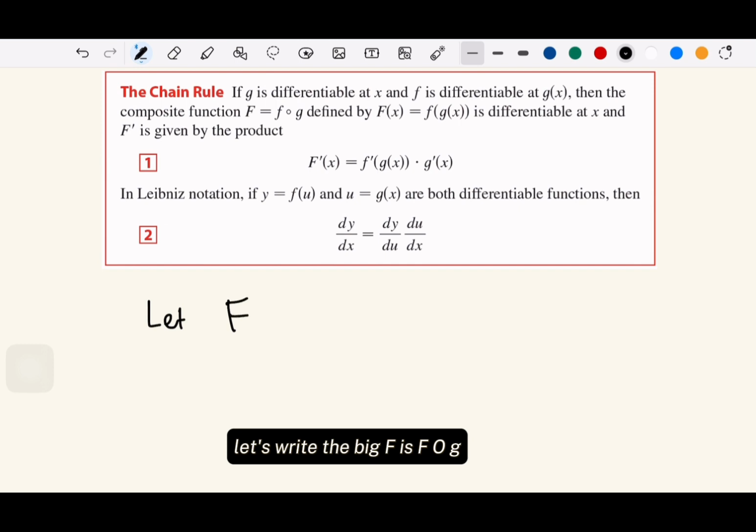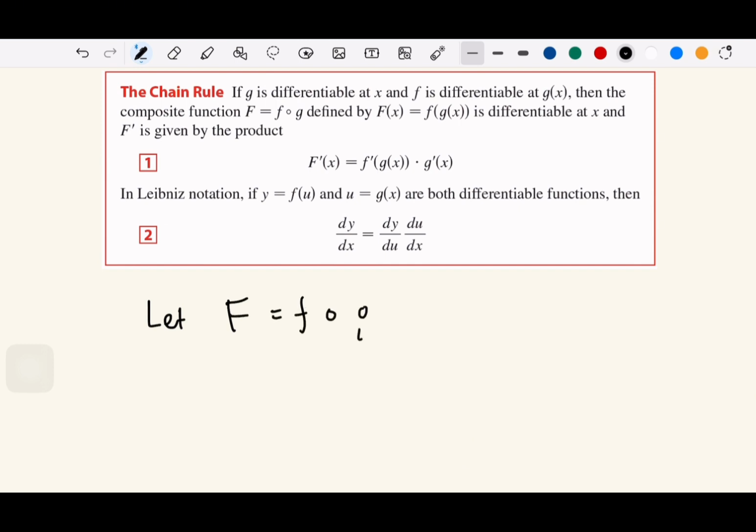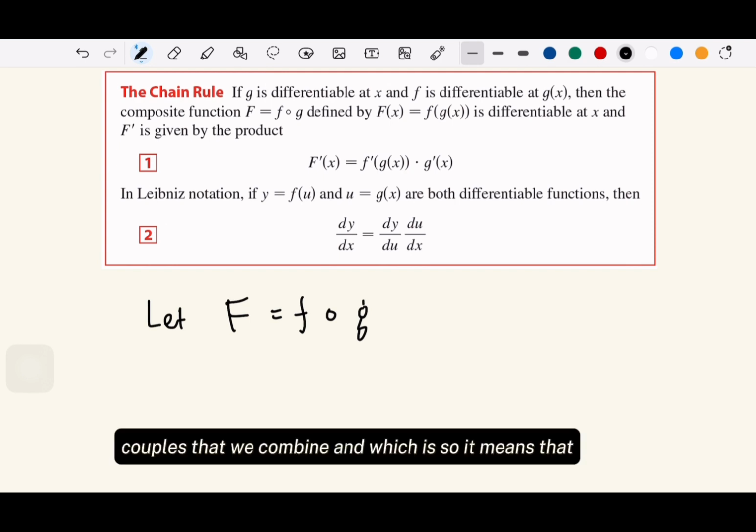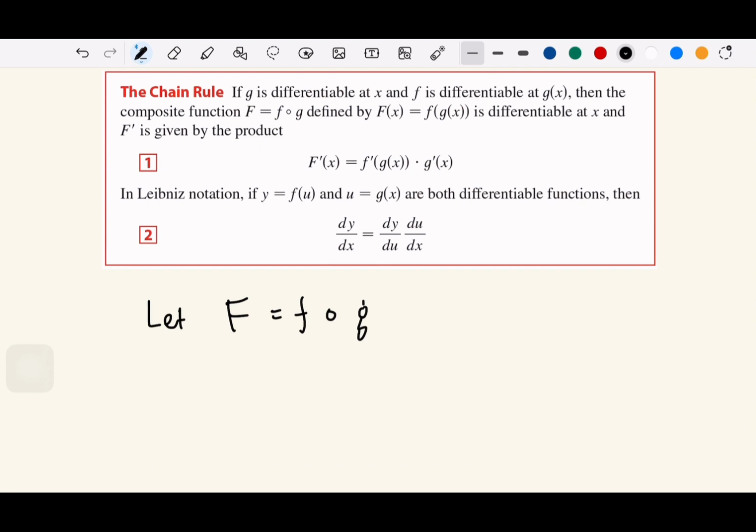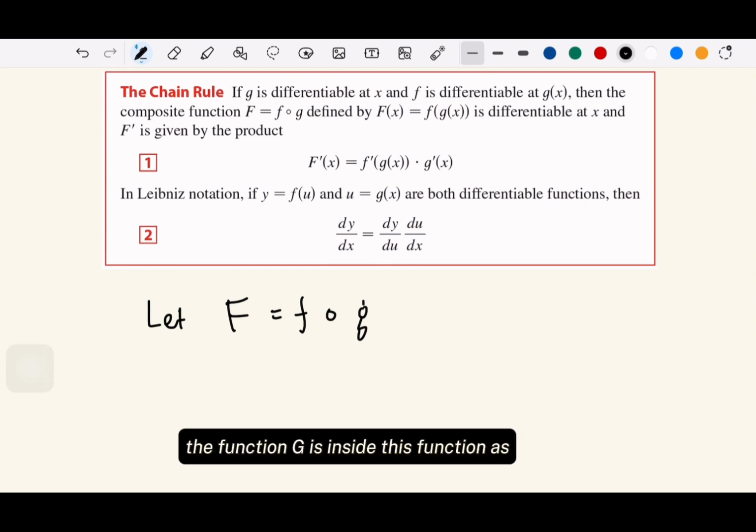let's write the big F is f composed with g. It's the composite. We combine f with g, so it means that the function g is inside the function f.